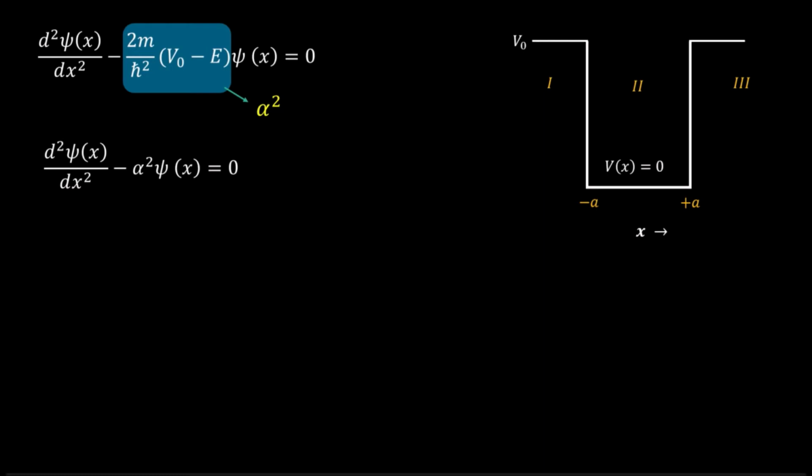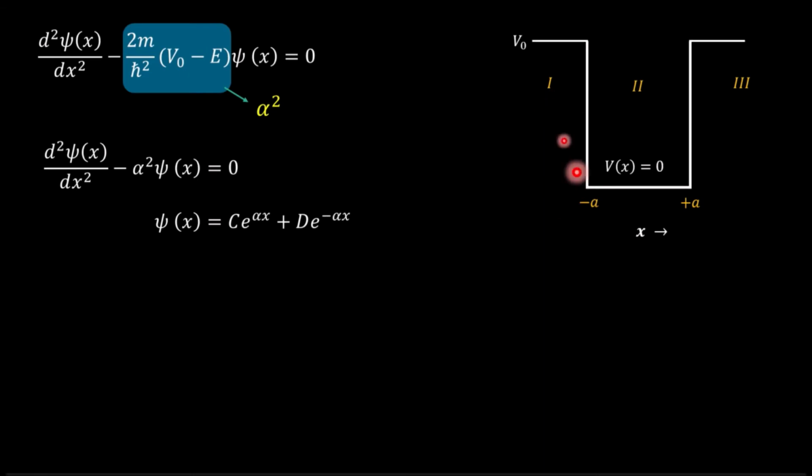The general solution to this second order differential equation is psi of x equal to c e raised to alpha x plus d e raised to minus alpha x, where c and d are constants to be determined. In region 1, x extends from minus a to minus infinity.